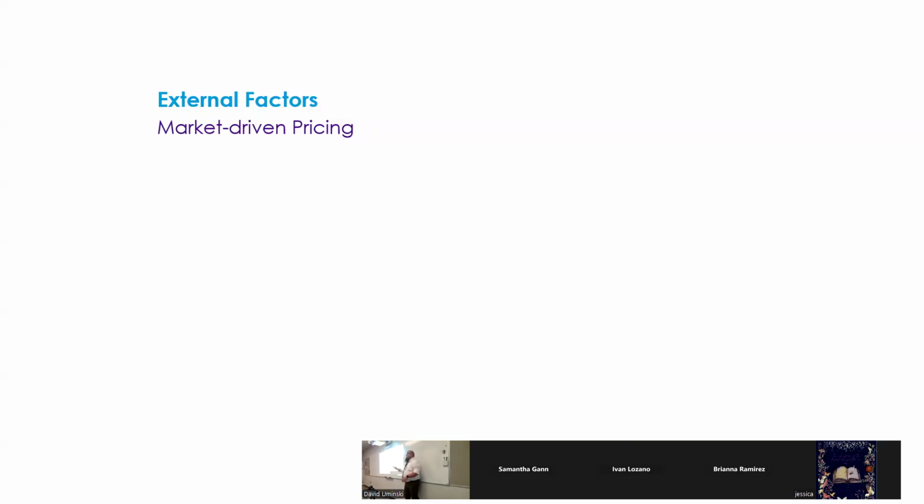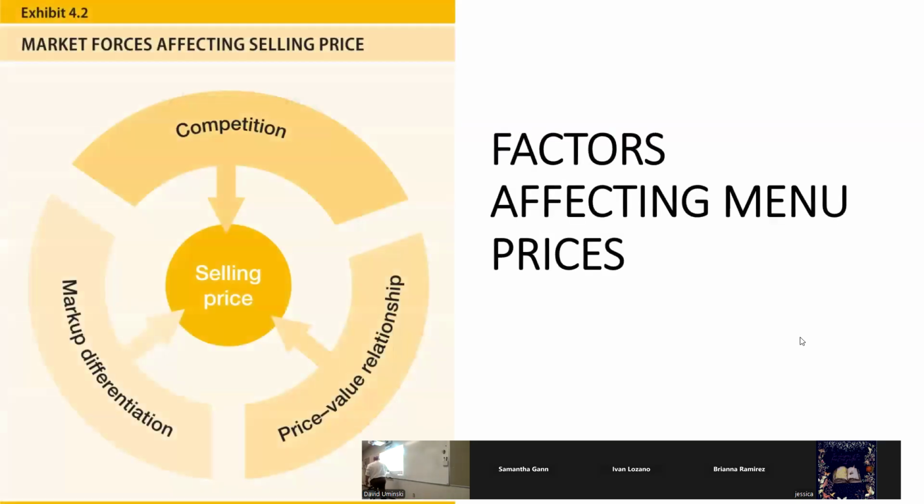So sometimes what your competitors are doing influences how you price your items. Because if you price your items a little too high and your guests don't see a relationship between the price they're paying and the value they're getting, they're not going to pay that.